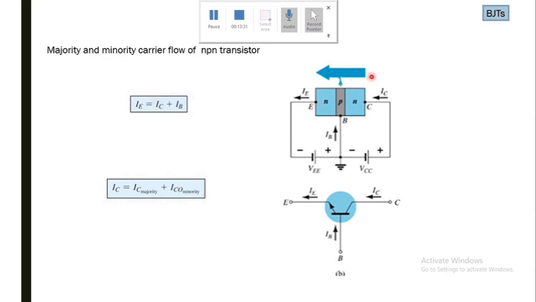As we can see now, the conventional current direction is from collector to emitter. IC is flowing inward, IE is flowing outward, and IB is flowing inward. The equation remains the same: IE is equal to IC plus IB, and IC is equal to IC majority plus IC minority.